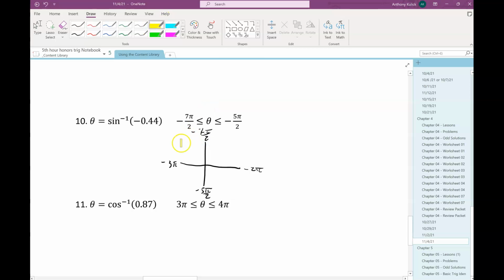So we're looking at quadrants 2 and 3. Doing all silly turtles crawl, I can see that sine is negative in quadrant 3. So again, we're going clockwise when we draw this. So there's my theta.